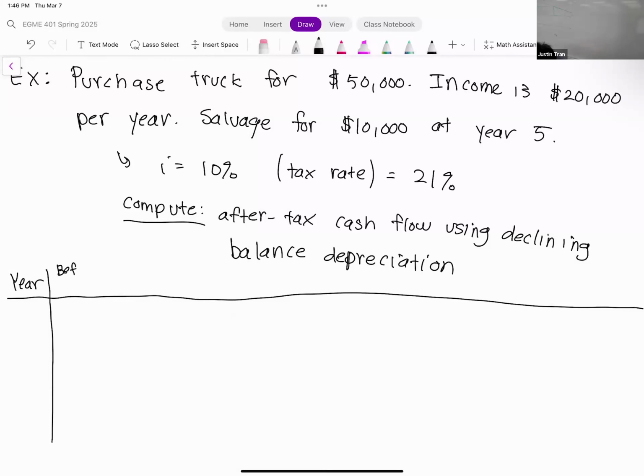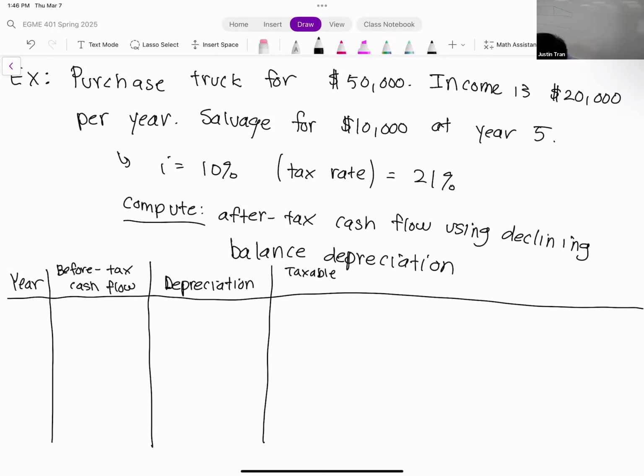We have before tax cash flow. We have a column for depreciation. Our next column is going to be one for taxable income.